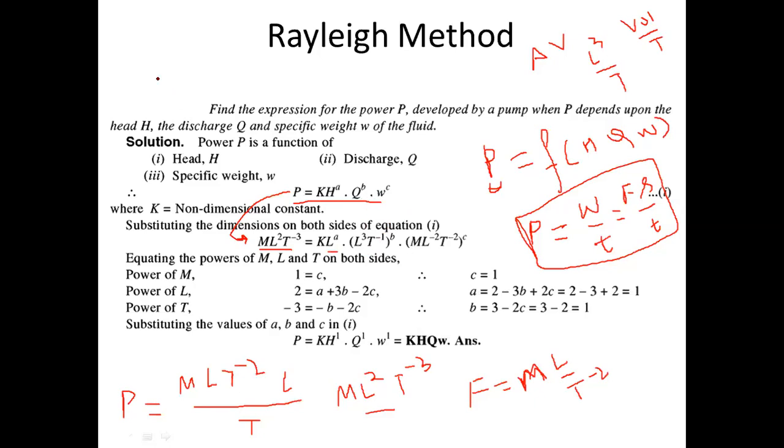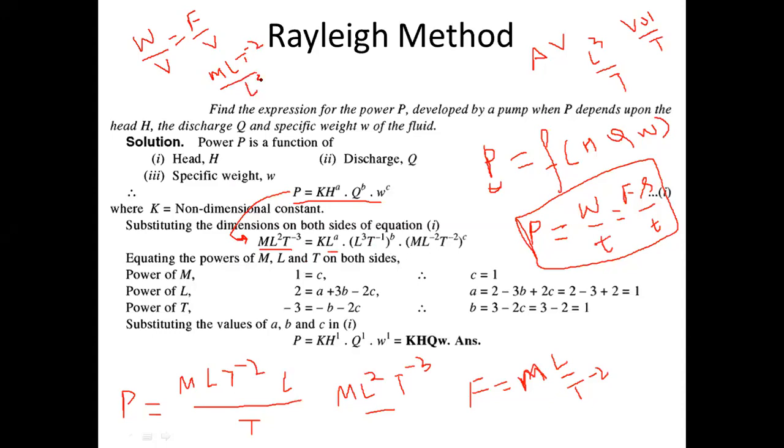Similarly, what is weight density? Weight density is weight per unit volume. We have seen it in the properties of fluids. Weight is also a kind of force, so it is force per unit volume. The relation of force is M L T^-2, and volume is L cubed, since meter is the length dimension.